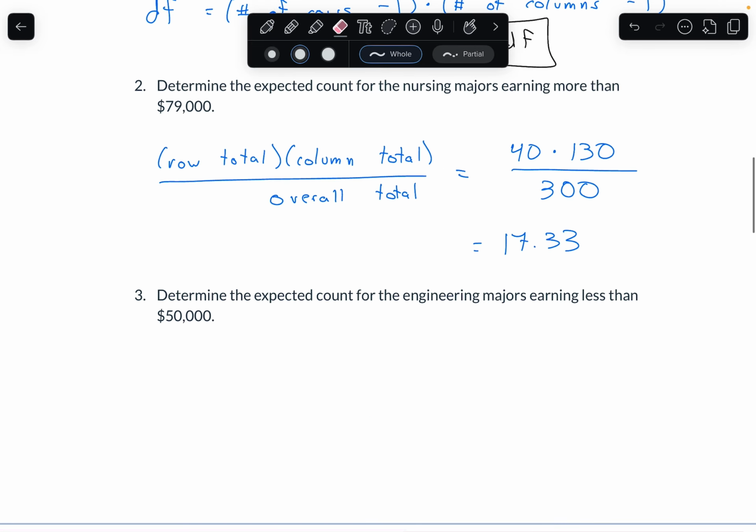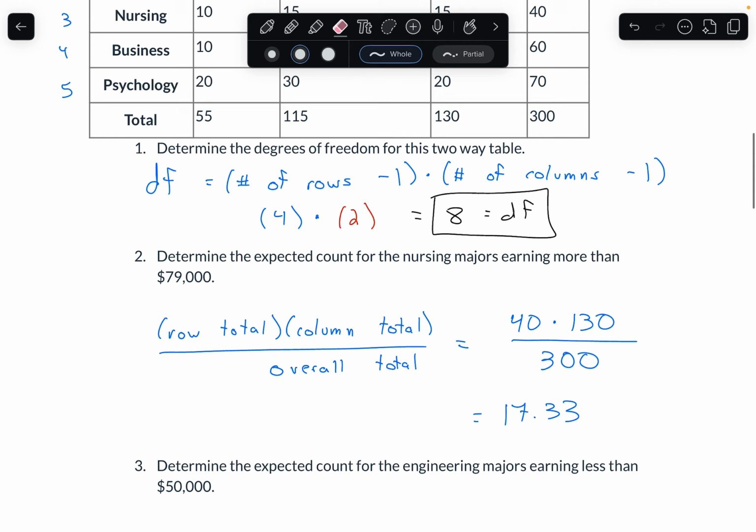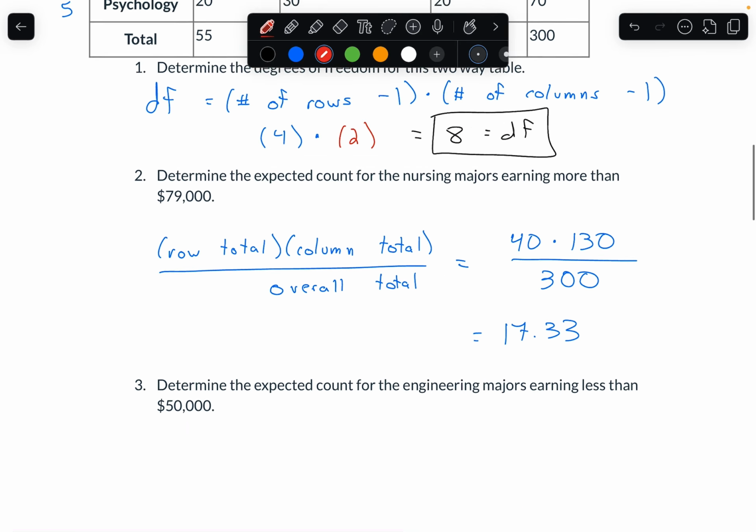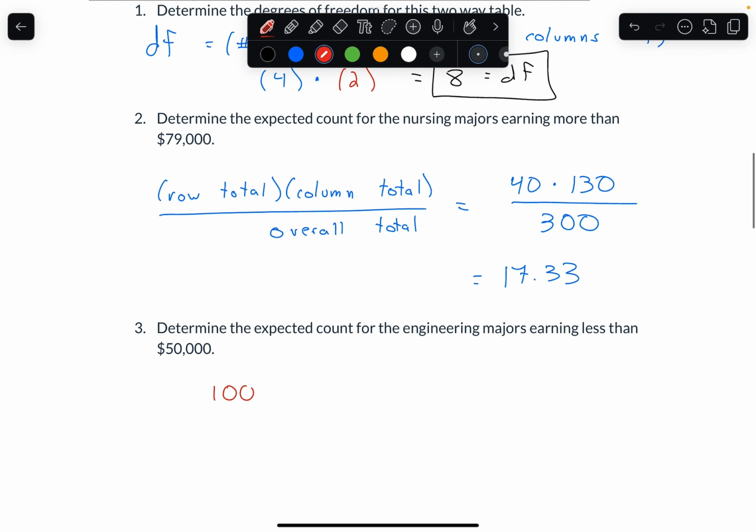And then just one more to get a little bit more practice. In number 3, we're going to determine the expected count for the engineering majors earning less than 50,000. So if I look, my engineering majors earning less than 50,000, we're looking at this entry in my table right here. So my row total, we've got 100 total engineering majors, so 100 times the column total.